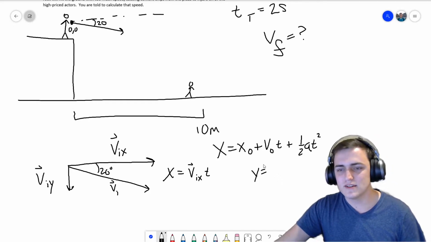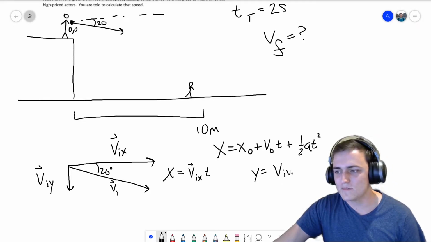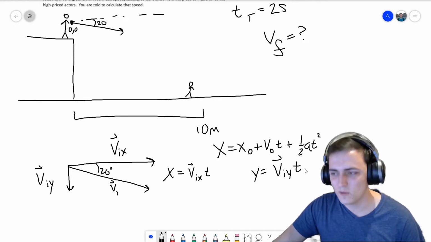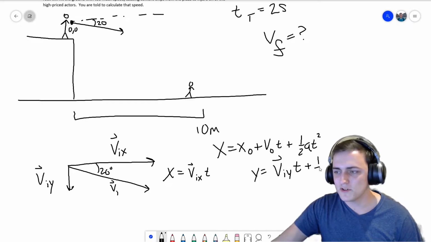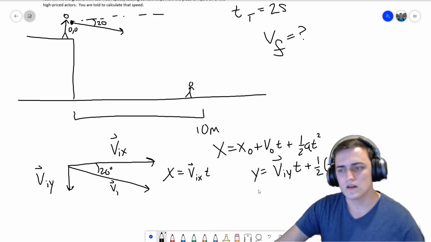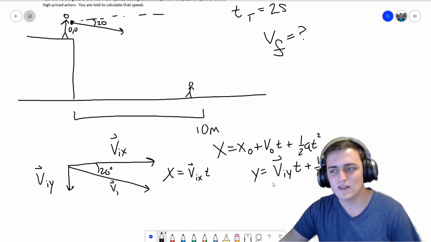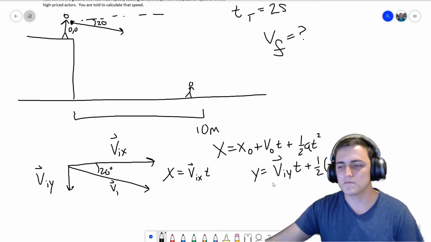The initial velocity is Viy times time. And we do have an acceleration in the y-axis, right? We have plus 1/2 times negative 9.8, because that rock is in free fall. So it only experiences gravity. So we now have two equations to describe the position and motion of the rock.